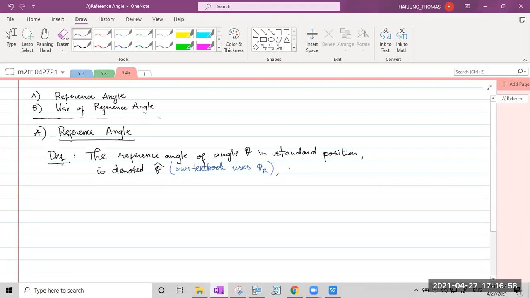It is the acute angle formed by the terminal side and the x-axis.